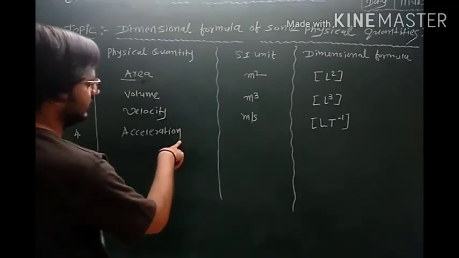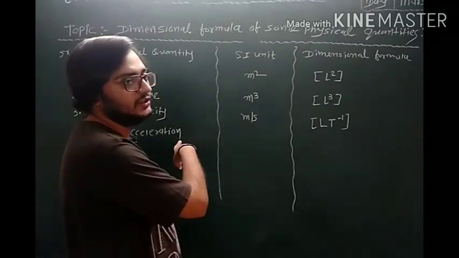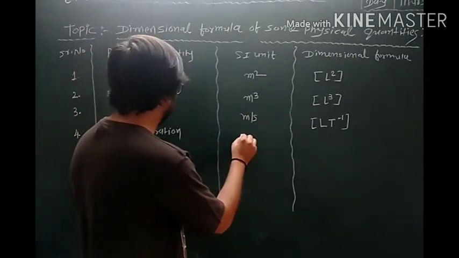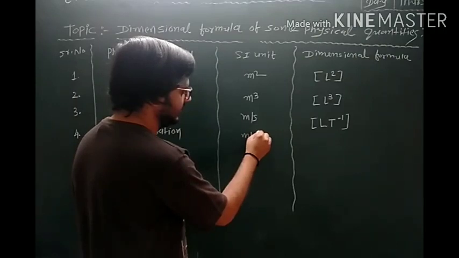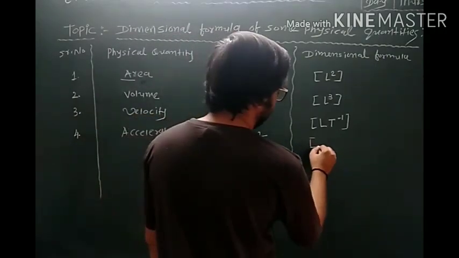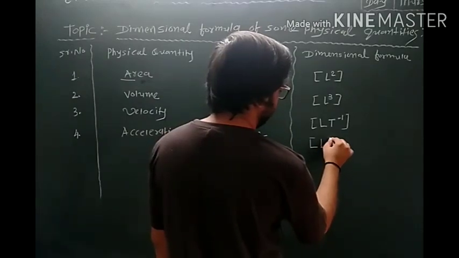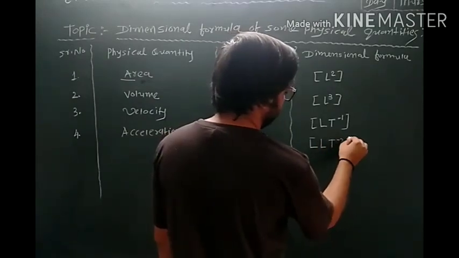Acceleration is the change in velocity with respect to time, measured in meter per second square. So the dimensional formula of acceleration is L T raised to minus 2.